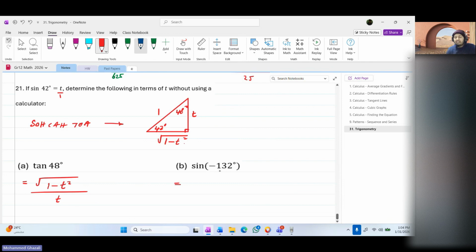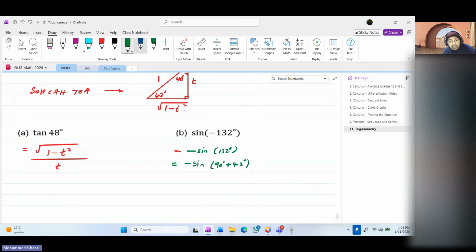What is sine of negative 132? This is in the fourth quadrant, so it becomes negative sine 132. Now, to get 132, you could say 90 plus 42. Yes, 90 plus 42 is 132. But you don't need to do 90 plus.